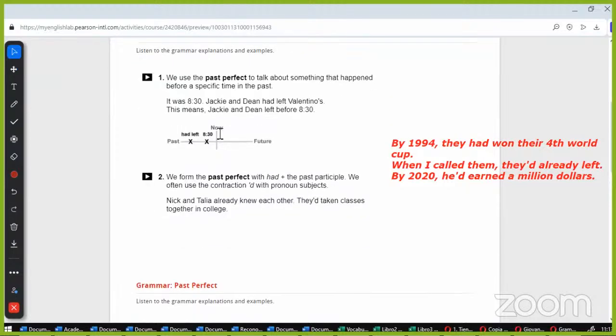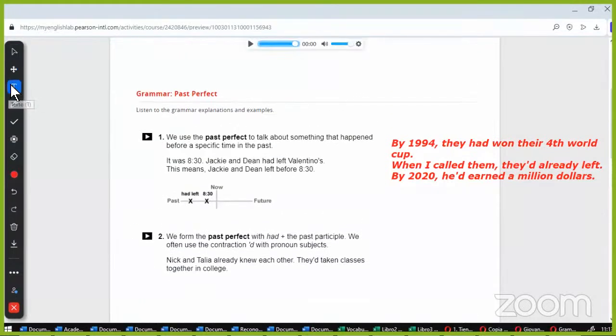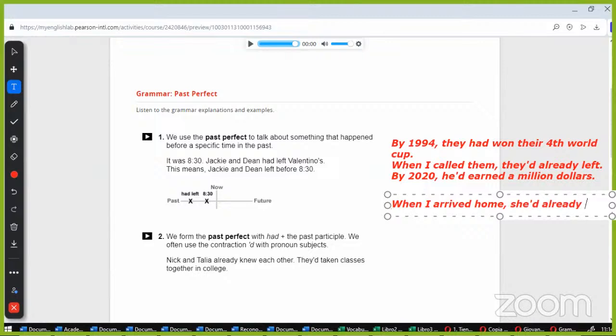No, teacher. Okay, can you create two sentences with the past perfect? Okay, teacher. When I arrived home, she had already arrived. Okay.